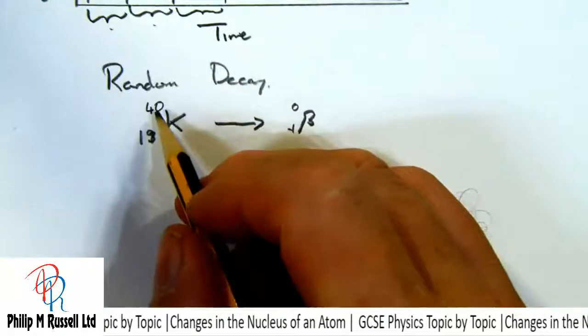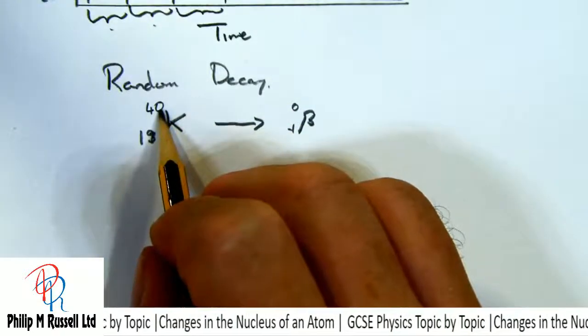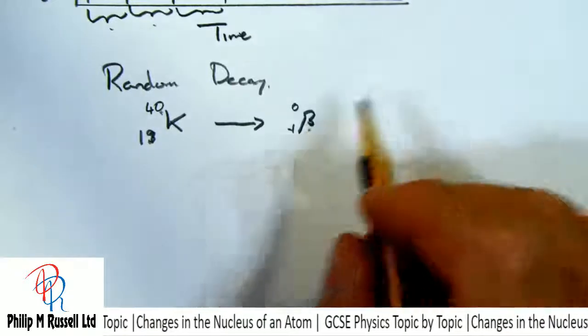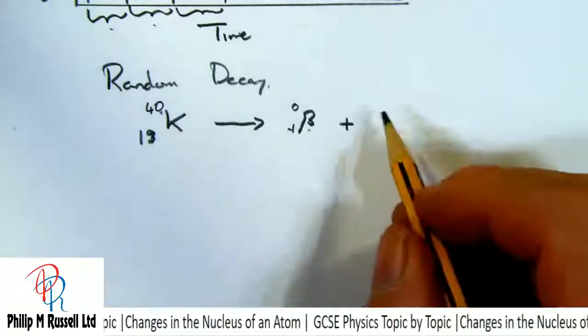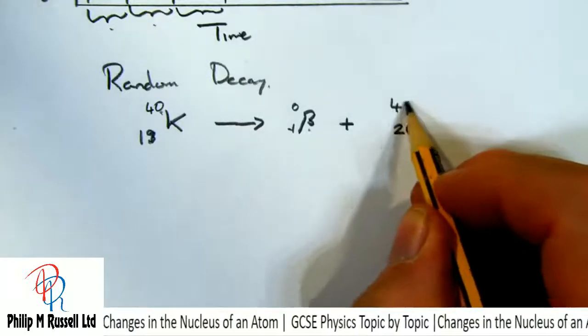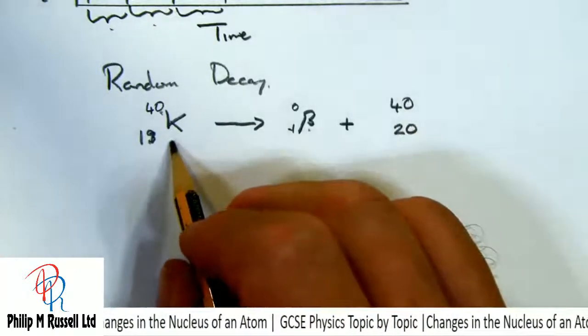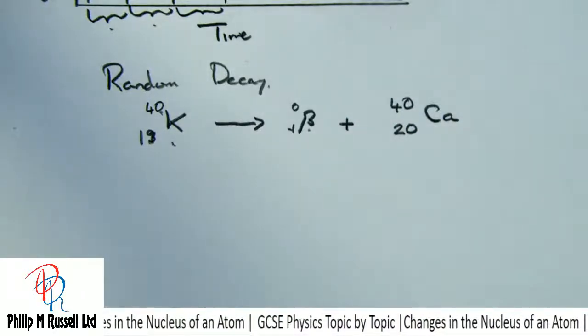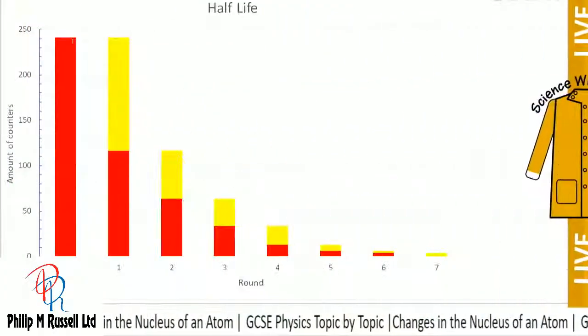One of the nuclei, one of the neutrons will change to a proton and give out a high-speed electron, and we've got one more proton. This means that we no longer have potassium, but instead we have calcium. This is what's happening here.